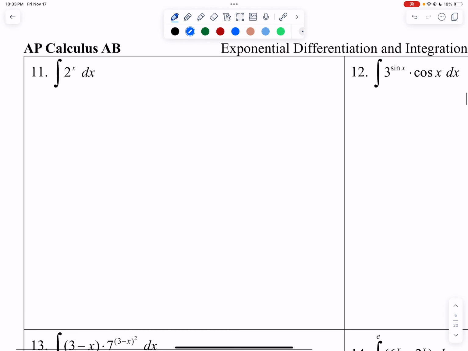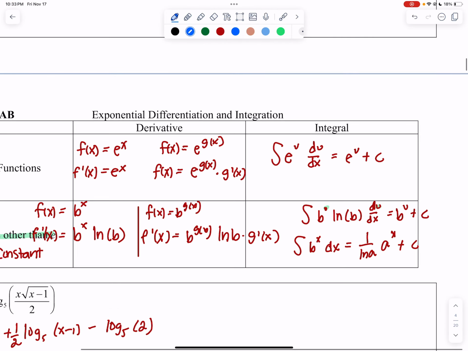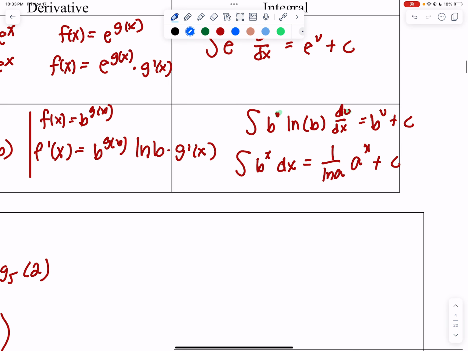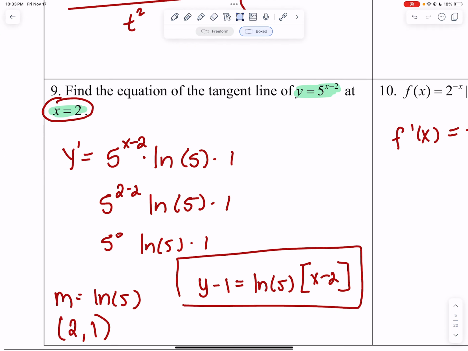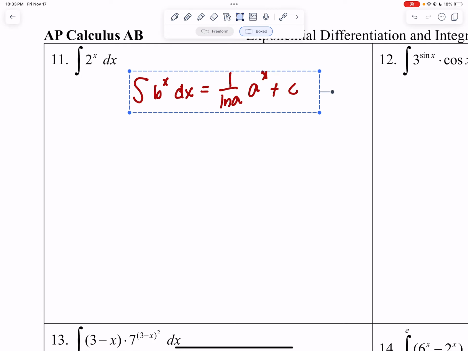All right, number 11, you want to take the integral of 2 to the x. Now, as a reminder, this is one of the integration rules that I told you about. So that's going to be this rule right here. So this is not saying find the derivative. This is saying take the antiderivative.